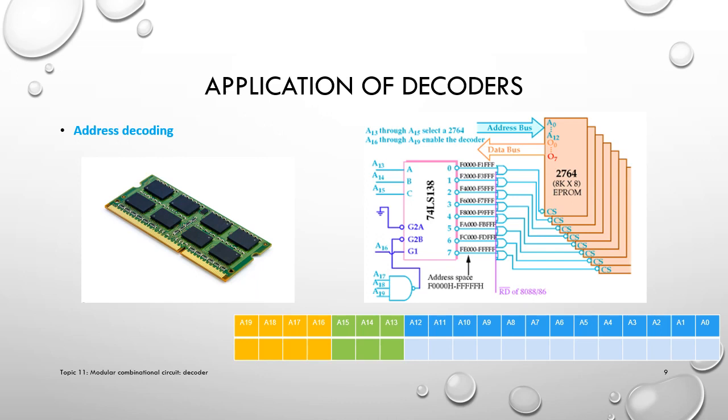This is the RAM, a memory card for a computer, and on the right is a logic diagram to show you how the decoder is used in that system. Say we have 8 memory chips here. Every chip is the same. They are 8K by 8 EPROM. EP means erasable and programmable read-only memory.